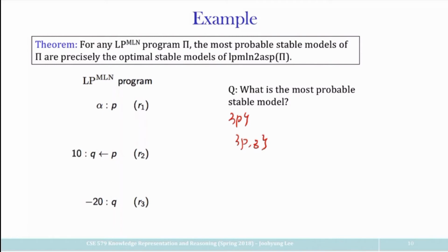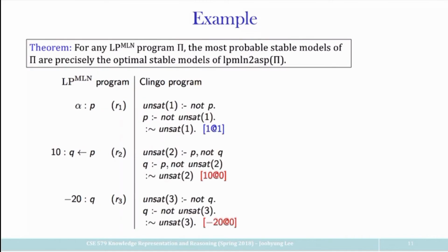Okay? Right. So let's actually see. This is a translation. And as you see, for P, this is the rule with no body, right? So when this rule is false, meaning that P is false, so not P, then onset 1 becomes true. This 1 denotes the rule index, okay?